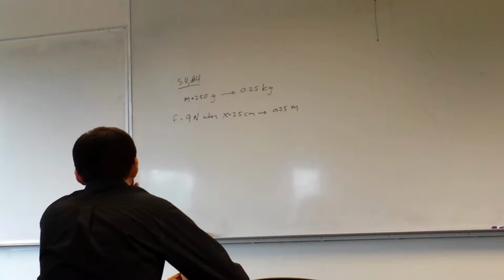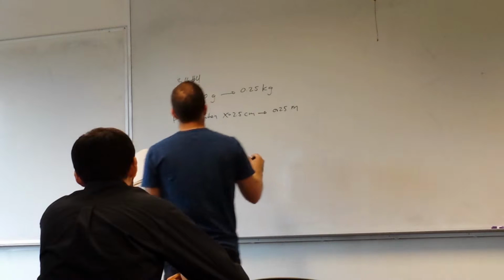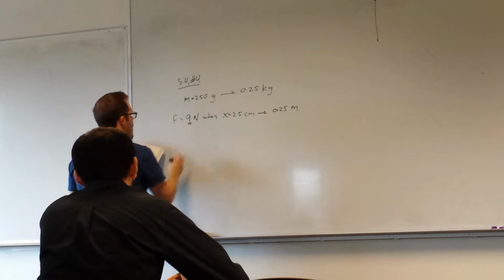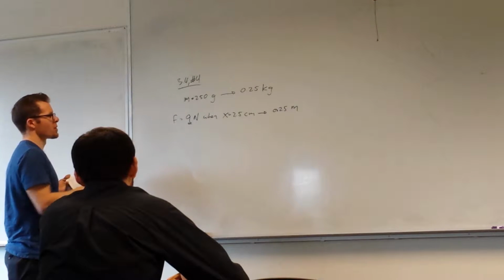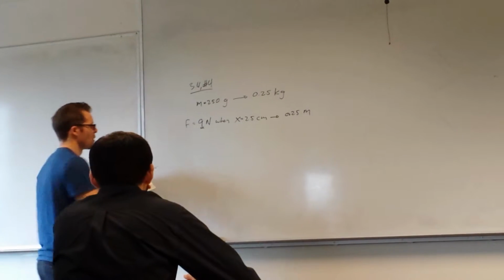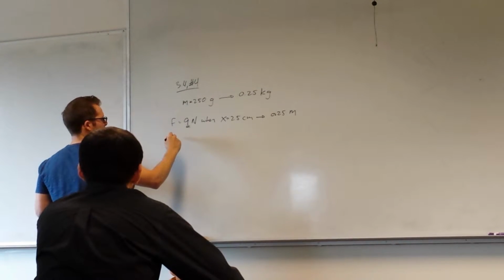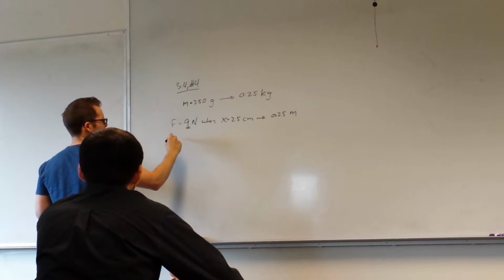So we need to know what the spring constant is. And so they give us the actual raw force, 9 newtons, when it's stretched 25 centimeters from its equilibrium. What's the spring constant? How do we find that?